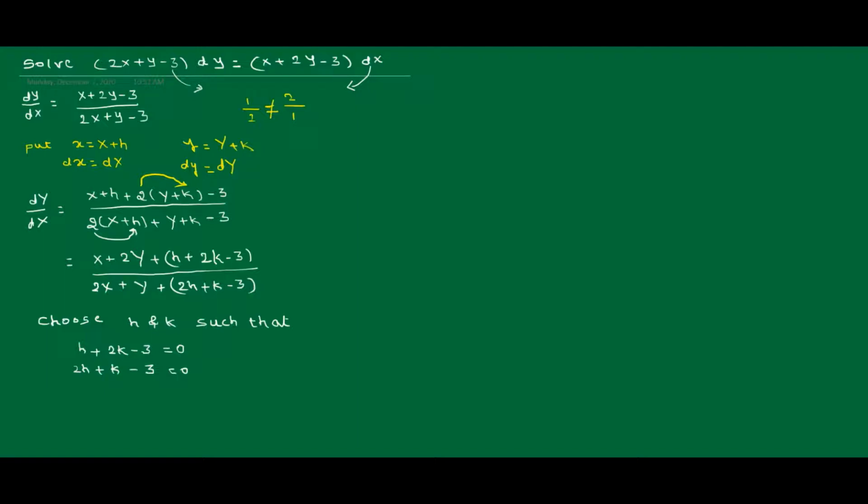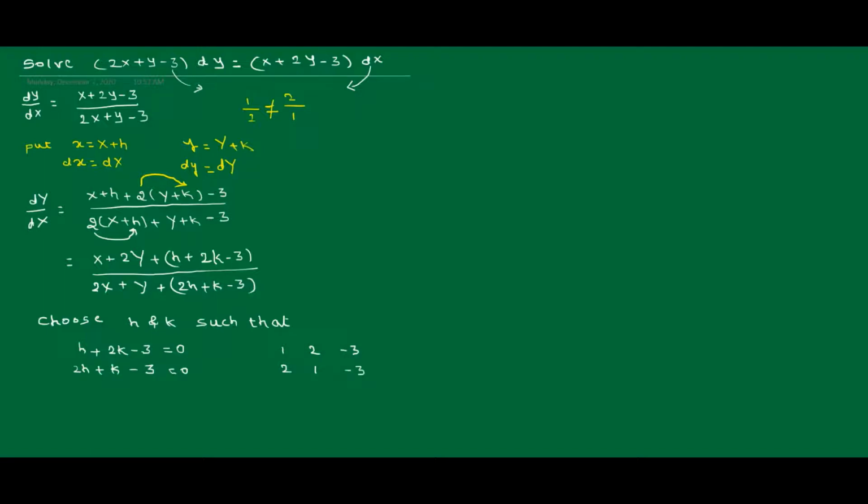To find the values for h and k, I will write here: the coefficient of h is 1, the coefficient of k is 2 and the constant term is minus 3. Similarly, in the second equation, the coefficient of h is 2, the coefficient of k is 1 and the constant term is minus 3.